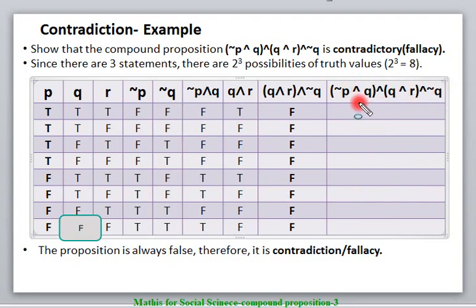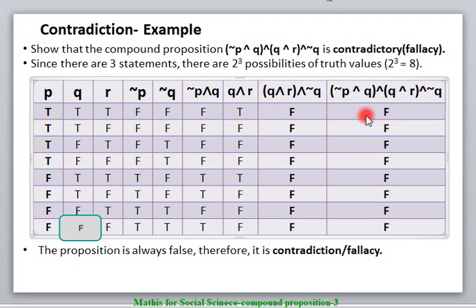So let's construct here. It's very clear that because all these elements are false, based on the rule of conjunction, true and false is always false. Everything conjuncted with this one is false. So here we can write that every element is false.